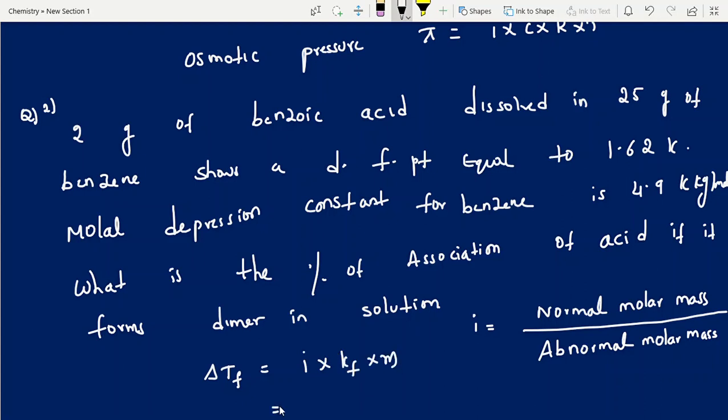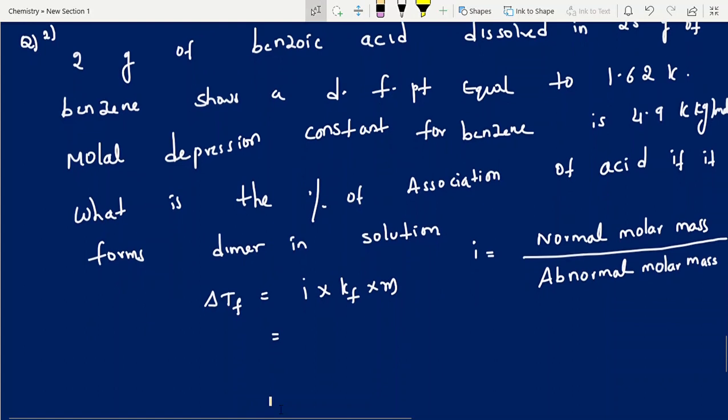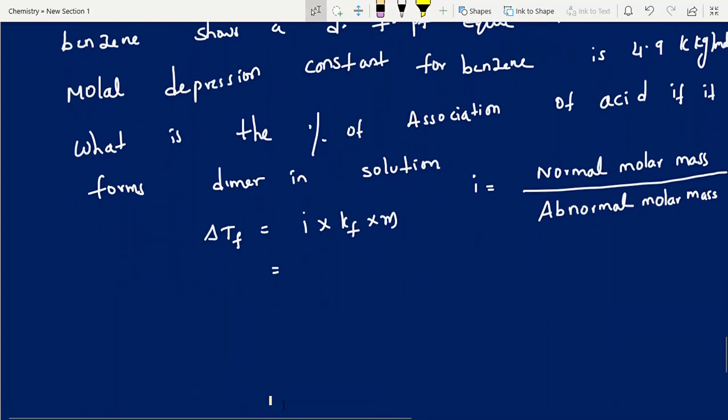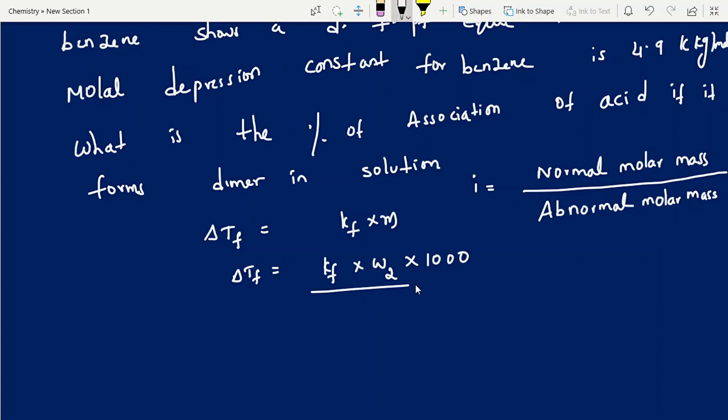So now calculate, students. Kf into m. First you can calculate M2: M2 equals Kf into W2 into 1000 by delta Tf into W1.